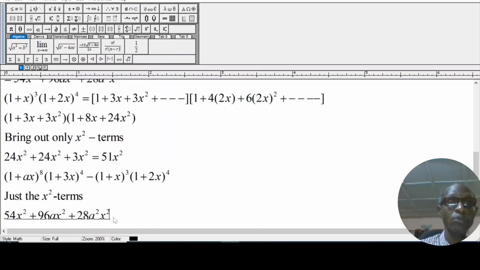And then the second side, which is minus 51x squared. So if we do that, that will be 3x squared plus, so let me copy this.